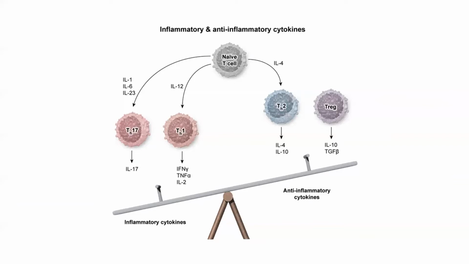On the other hand, this one that is very important to know is your Th1. Now, your Th1 is your classic, most important helper T cell. It's the one that's going to interact the most with your B cells to make IgG antibodies.